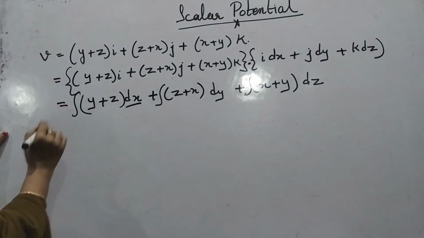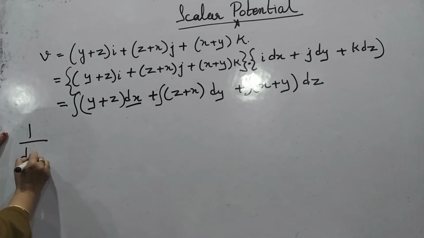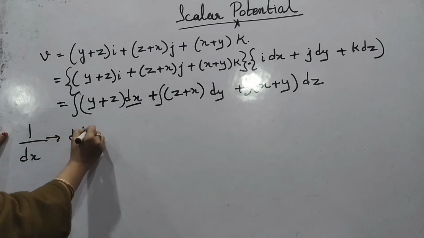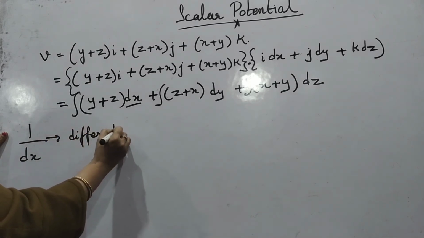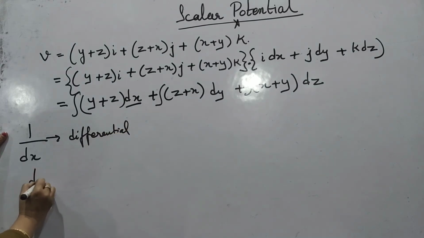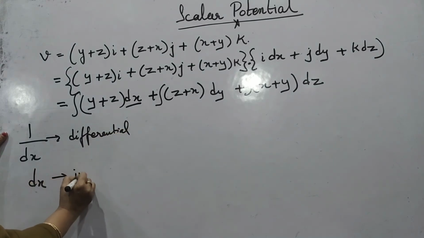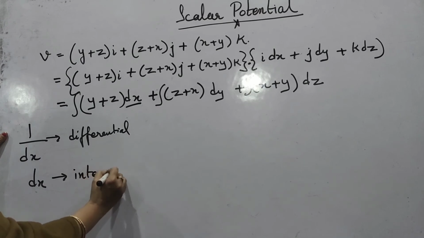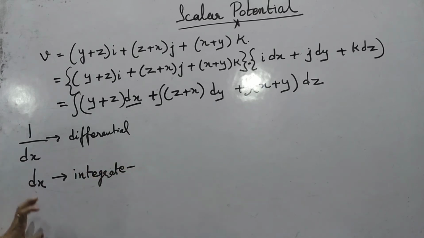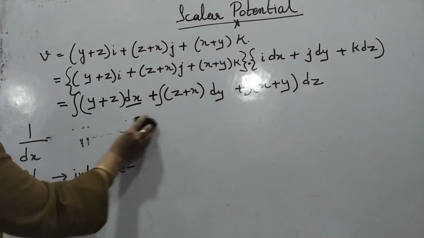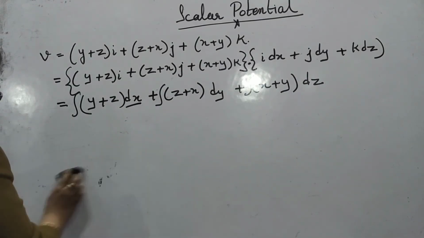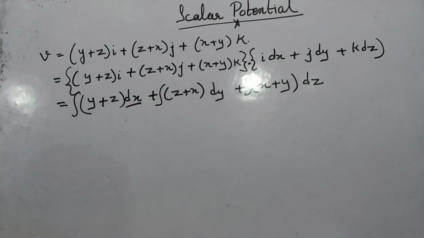So listen one thing, if you have d/dx, it means you have to differentiate. But if you have dx, you have to integrate. This is a very silly thing, but sometimes you people get confused in both of these. That's why I just noted it down.